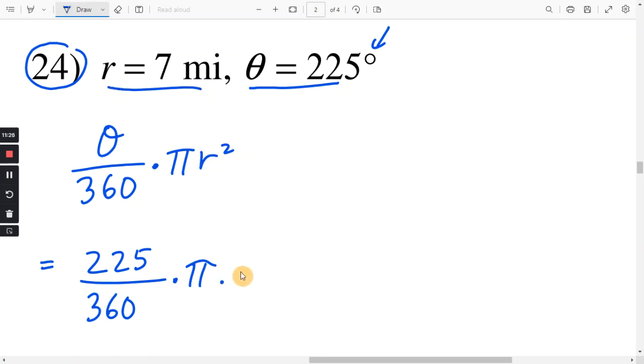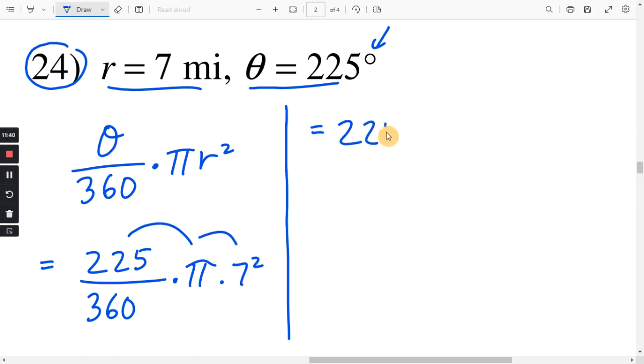R squared is going to be 7 squared. Rewriting, these are both in the numerator, so I'm going to do 225 times pi times 7 squared. And that's divided by 360.